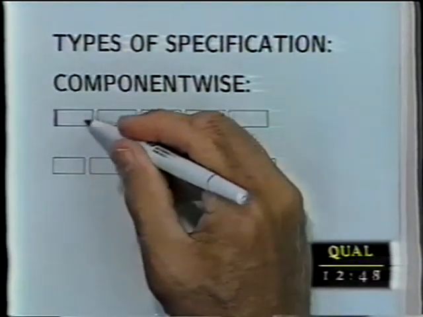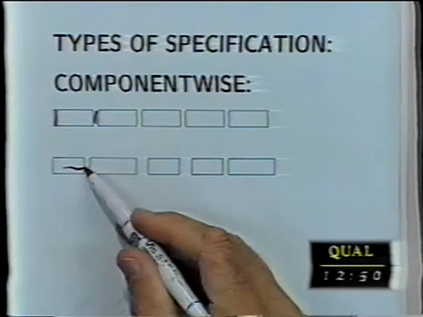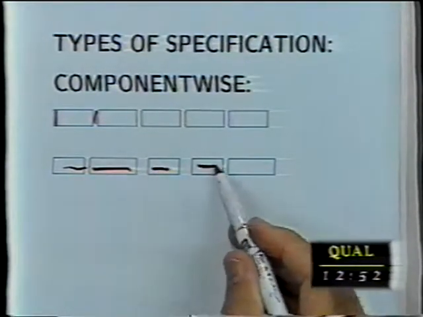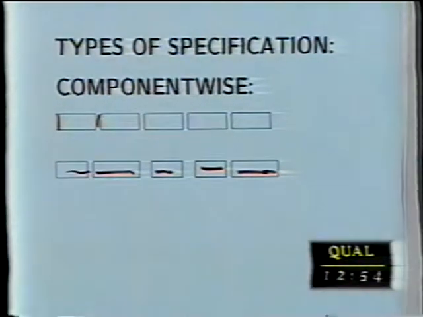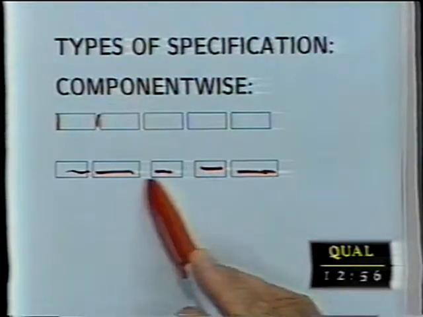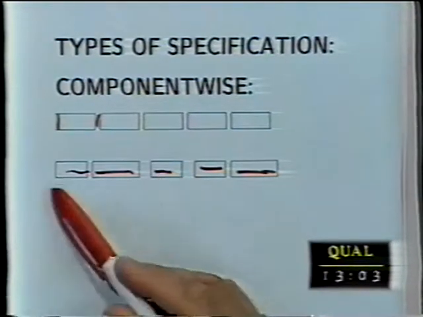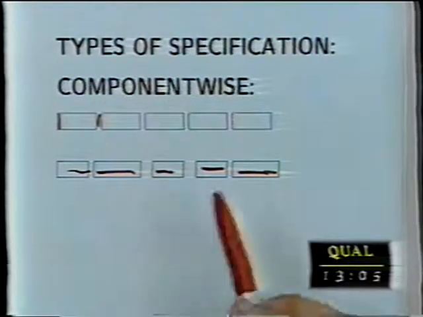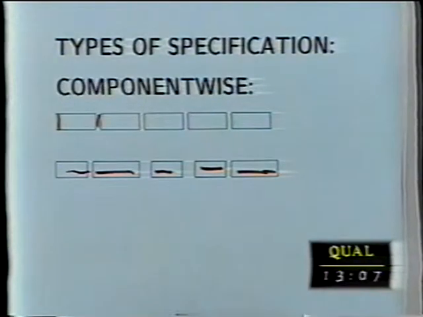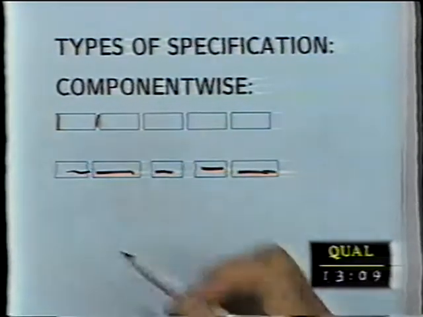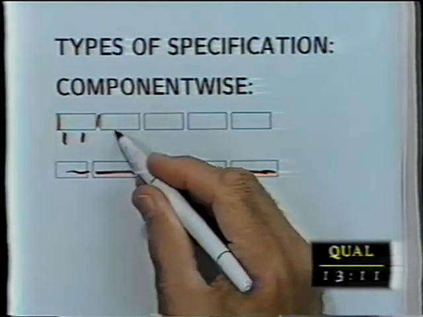You could have things a little smaller or a little bigger. What you hope is that some of them are smaller and some are bigger, but when you put them all together, they come out right. That means if you have a big one, it matches up with a smaller one, the total length will be okay. The problem with this is that on occasion, you might get all small.